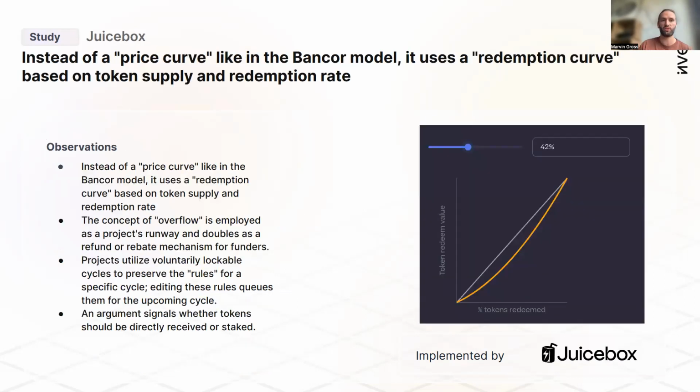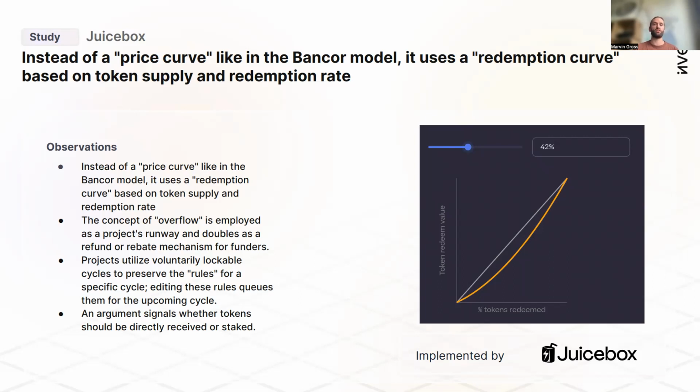Then the next one we looked at is Juicebox. Juicebox is an open source protocol that enables creators to launch, fund, and manage different kinds of projects. Instead of a price curve, Juicebox makes use of a redemption curve, set along a redemption percentage. So redemption takes place on a bonding curve where early redeemers get less ETH per token and later redeemers get more.